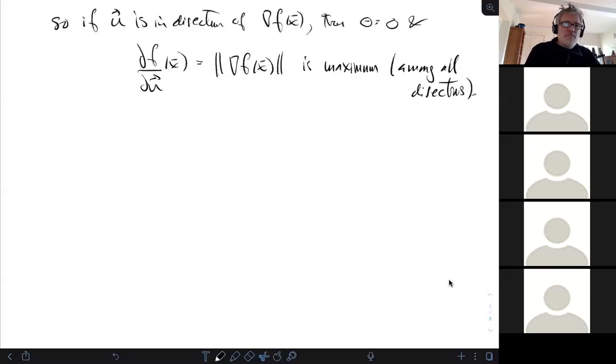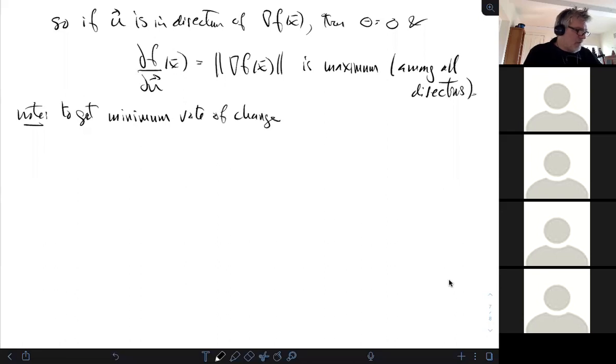Okay, so to get the minimum, you want the cosine, if you go back, so note, to get the minimum, by which we mean, of course, the largest negative, if there's such a thing at x bar. So to get the minimum rate of change, opposite direction, that makes sense.